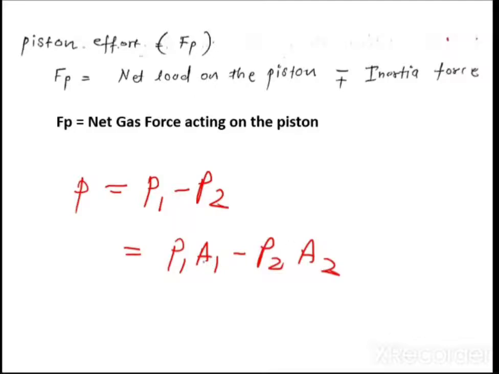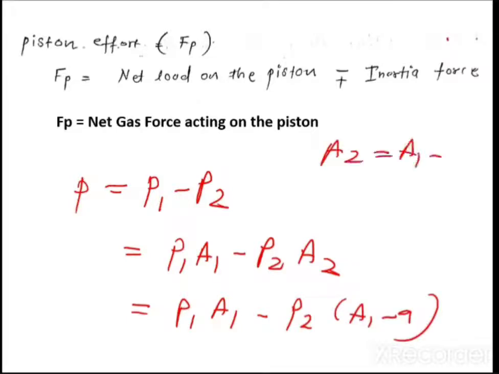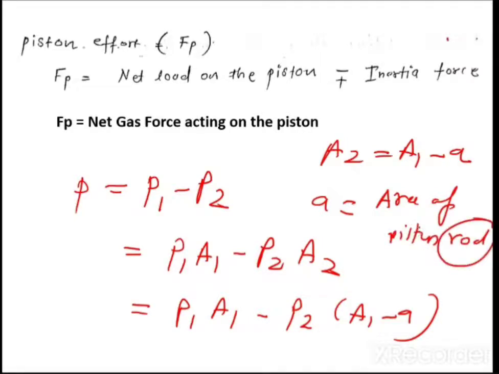And this you can write as P1 A1 minus P2 into (A1 minus A), meaning A2 is always equal to A1 minus A, where A is the cross sectional area of the piston rod, right?